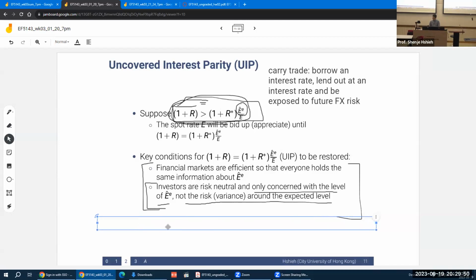Why is this a problem? Well, consider the following thought experiment. Suppose I offer you two types of gambles. A gamble is just like a coin flip. Gamble one, you have a 50% chance of earning $1 and 50% chance of losing $1.